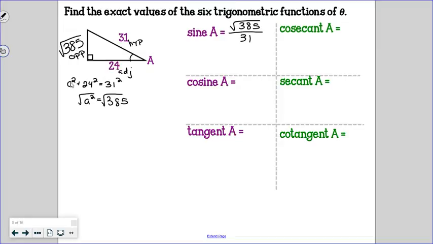Lily, how about cosine? Okay, Jordan, tangent? Ellie, how about cosecant? Okay. Peyton, secant? Good. And Tanner, how about cotangent?